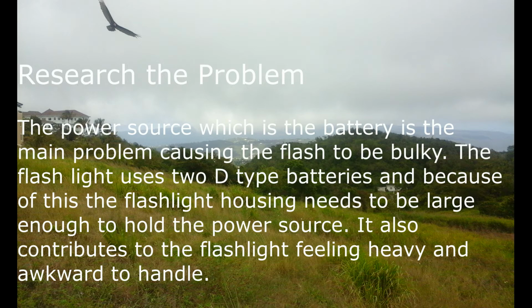The flashlight uses 2D type batteries, and because of this the flashlight housing needs to be large enough to hold the power source. It also contributes to the flashlight feeling heavy and awkward to handle. So the research is just a short research on finding out what really is causing the flashlight to be like this.